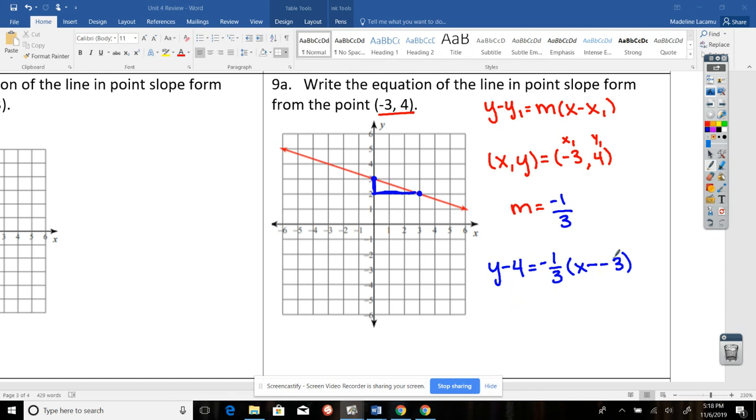Now, I can't leave this as minus and negative. We have to change that into a positive. So minus and negative becomes a positive. My final equation is y minus 4 equals negative 1/3 times x plus 3. And that is our final equation.